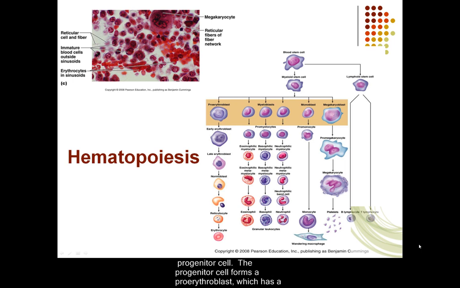Erythropoiesis begins with a myeloid stem cell that forms a progenitor cell. The progenitor cell forms a proerythroblast, which has a large nucleated cell. This cell then becomes an erythroblast, a slightly smaller cell that is forming hemoglobin in its cytoplasm. Eventually, a cell called a reticulocyte is produced.